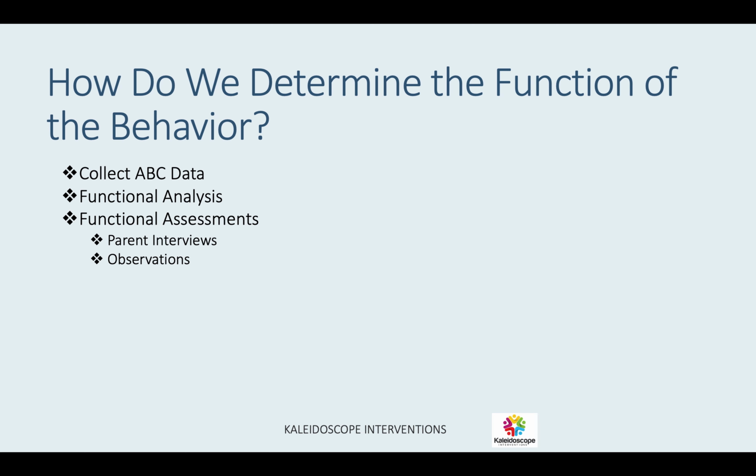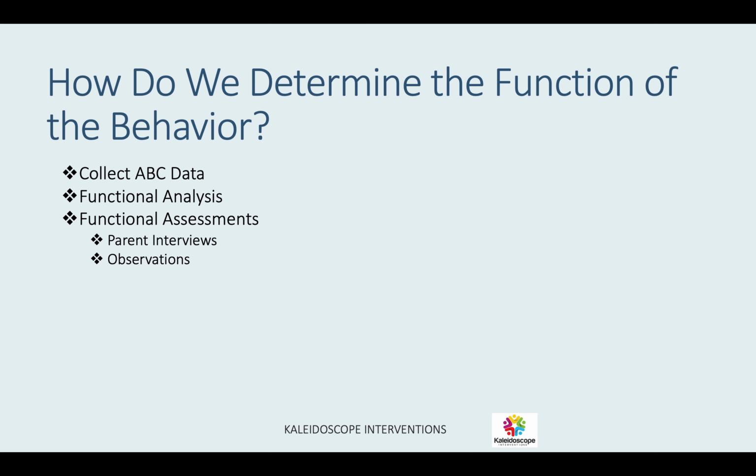So next, we're going to talk about a functional analysis. This is another way that we can determine what the function of the behavior is. This is a more contrived analysis, and there are various settings and conditions that we practice this under. For example, the first condition could be an attention condition.